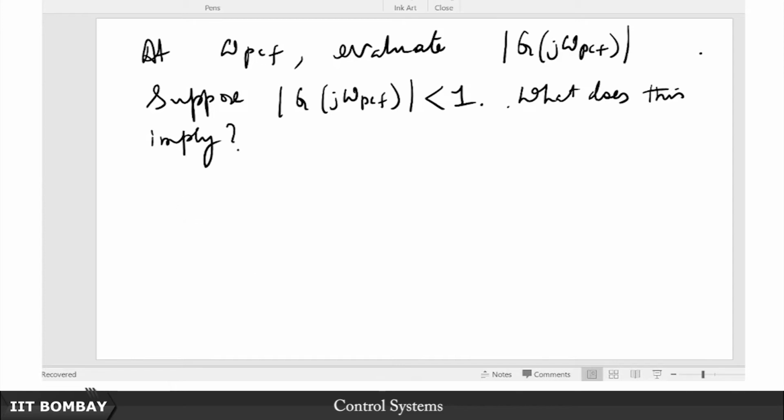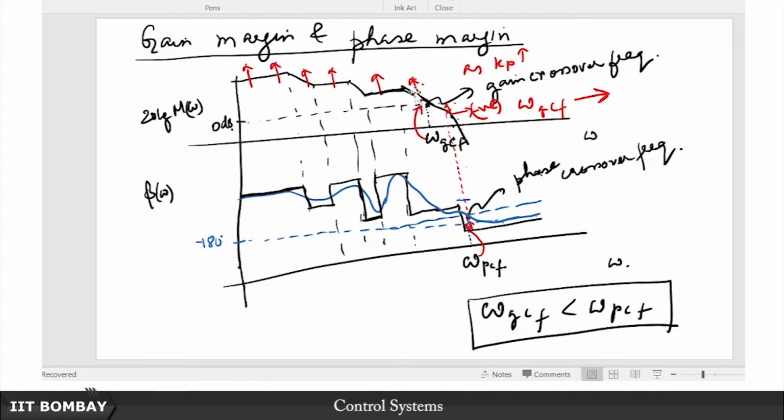I am claiming that this fact means I can still give a higher value of Kp until the gain crossover frequency and phase crossover frequency coincide.